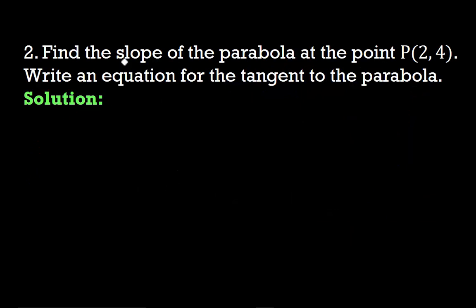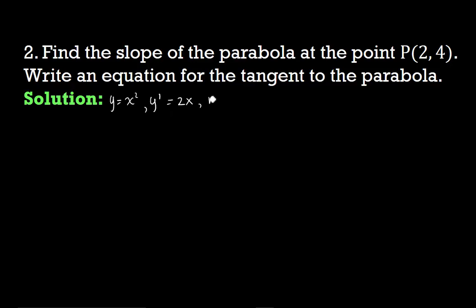Next, find the slope of the parabola at the point P of (2, 4). Write an equation for the tangent to the parabola. So in order to solve this problem, we have to look at our original function y is equal to x squared, get the derivative, which is 2x.